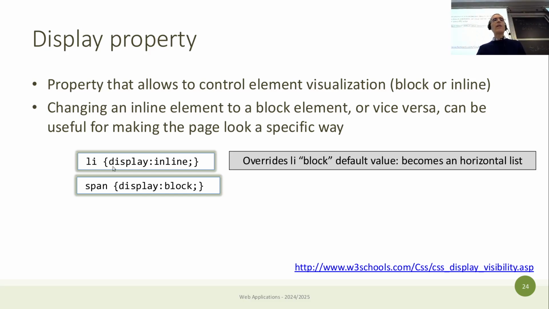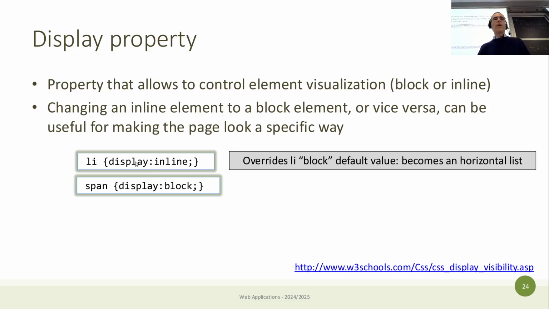Every HTML element has a default value for this property, and we already saw elements which are by default inline, the A tag, the what was it, the span, and so on.